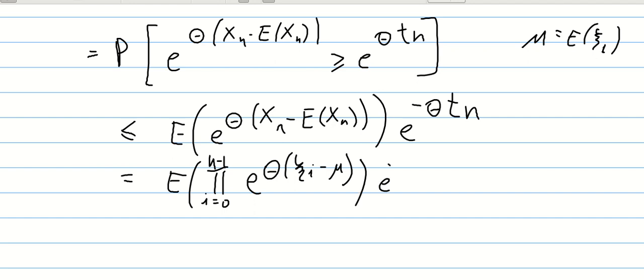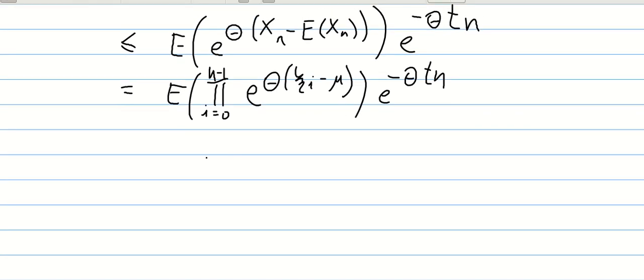And here we have the same exponential. But now, remember that these are independent random variables. And the expectation of a product of independent random variables is the product of their expectations. Remember also that this is finite.